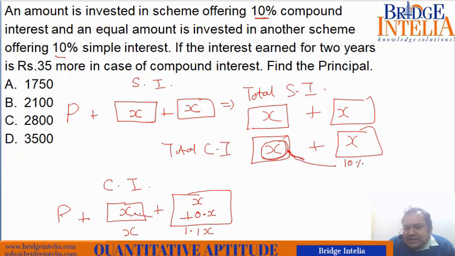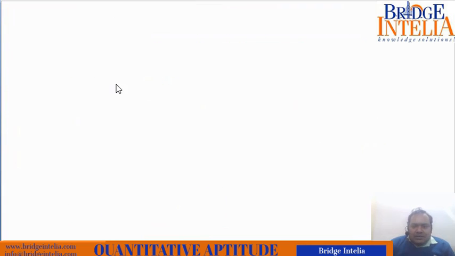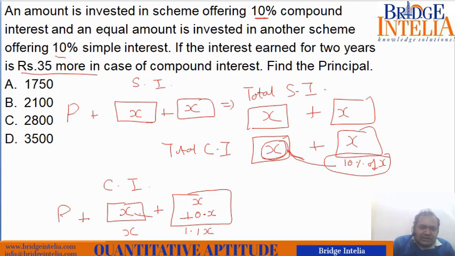So 10% of X is the extra money that you are going to earn here. This extra money is rupees 35 more. So 10% of X is equal to rupees 35. The question is, what is the principal?